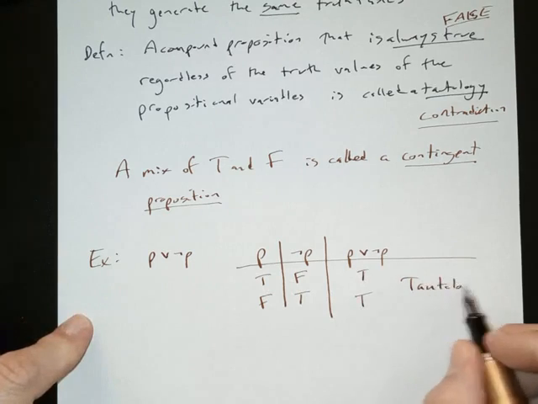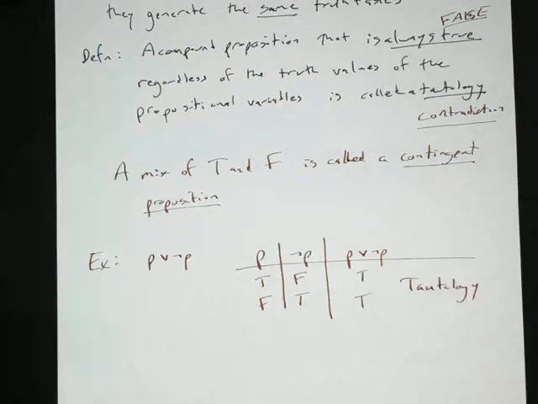This is a tautology. The result was an always true statement. Imagine, if you will, walking into a room with a light bulb and two switches. When is the light bulb on?